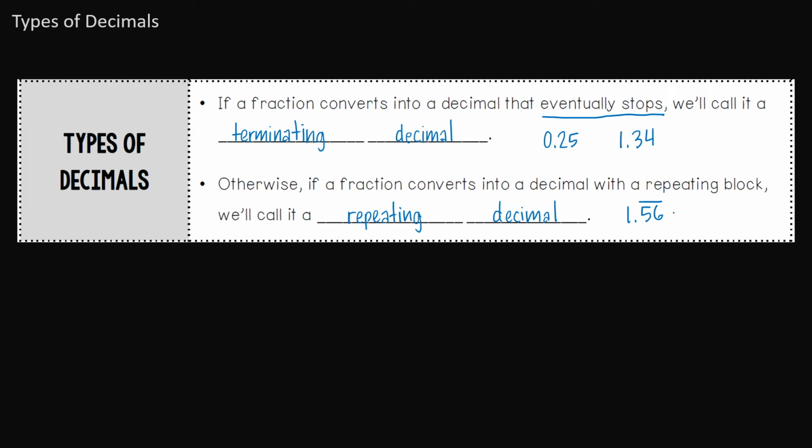And so if you expand this out, it becomes 1.565656, on and on forever. So wherever the repeating bar is over, that sequence repeats.